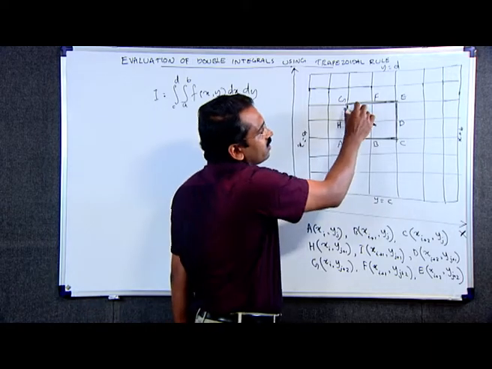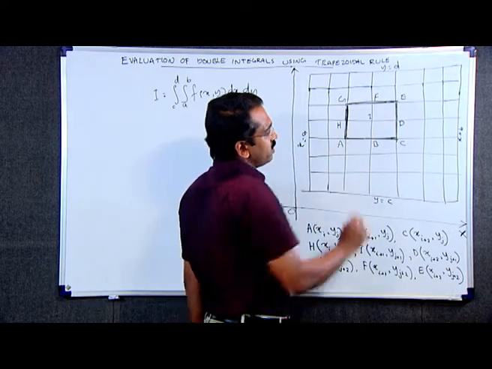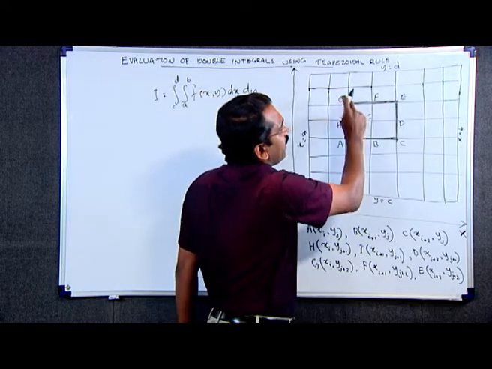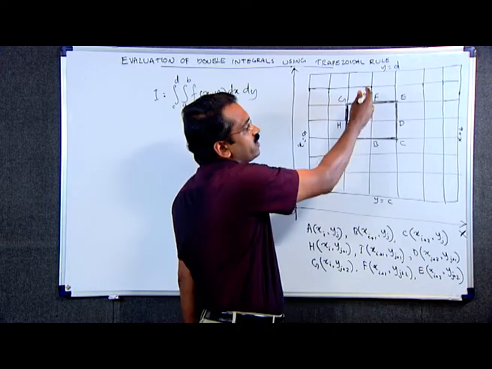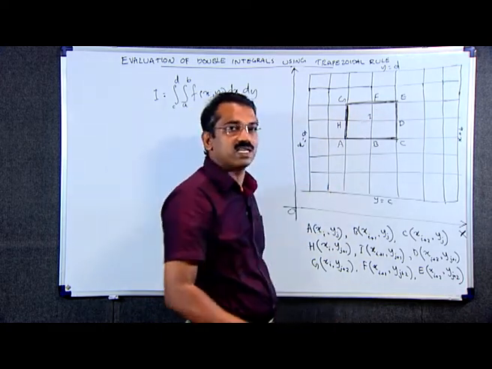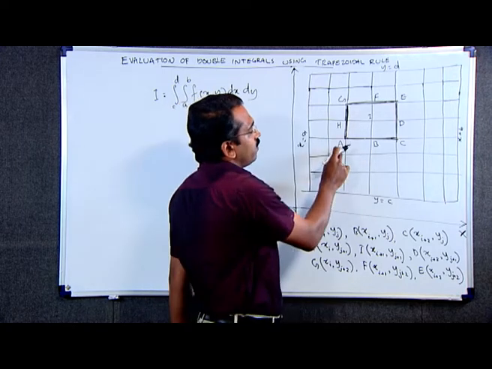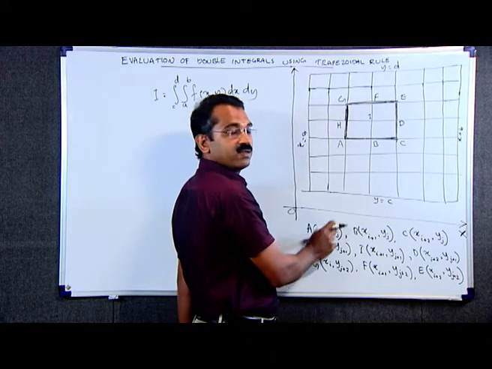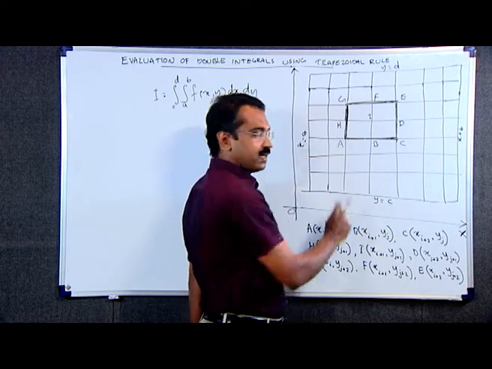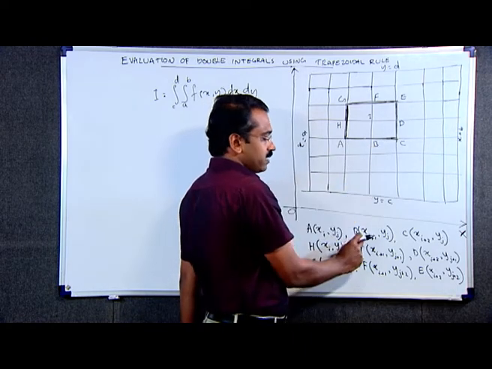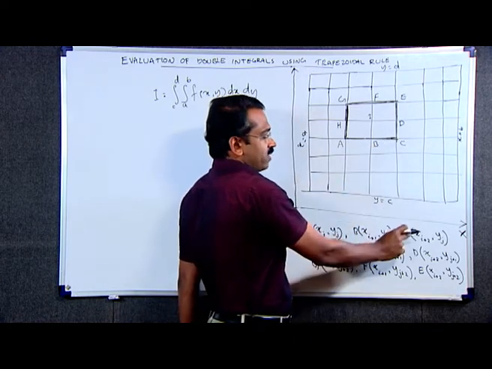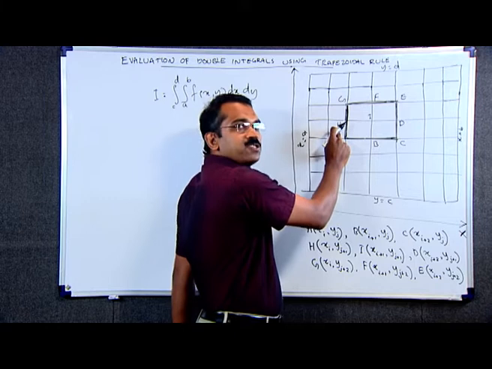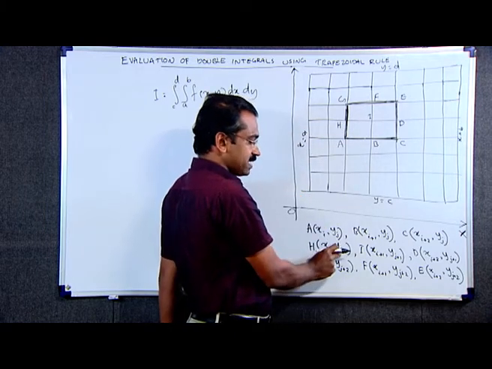Here, consider these four rectangles whose corner points are A, C, E and G, and we split this region into smaller rectangles. Let this point A be taken as xi yj, and B be the point xi plus 1 yj, C be the point xi plus 2 yj, H be the point xi yj plus 1.